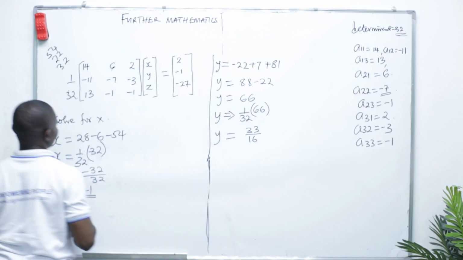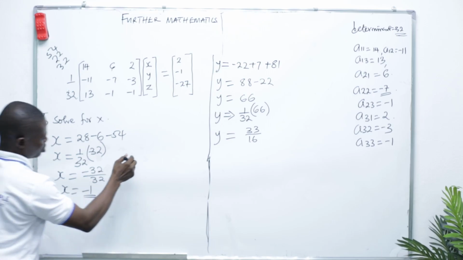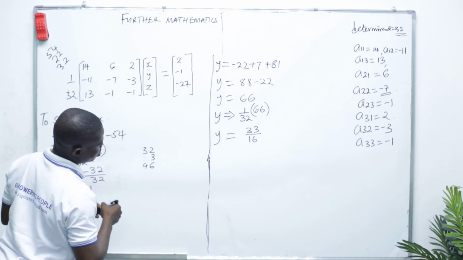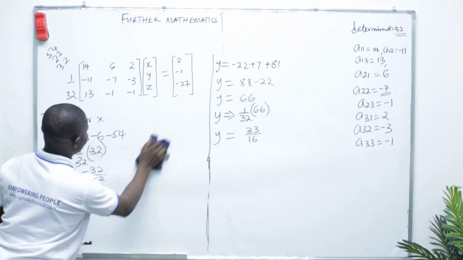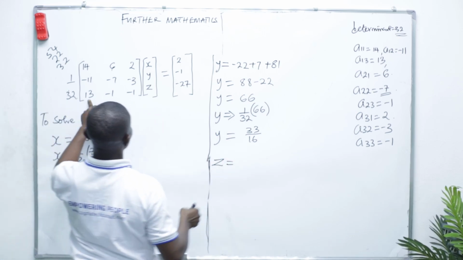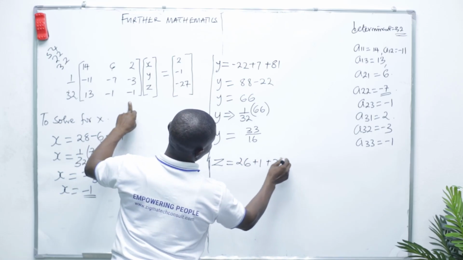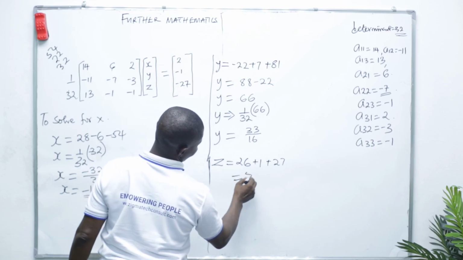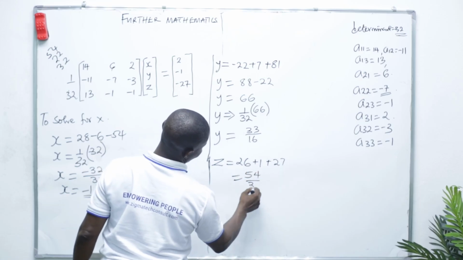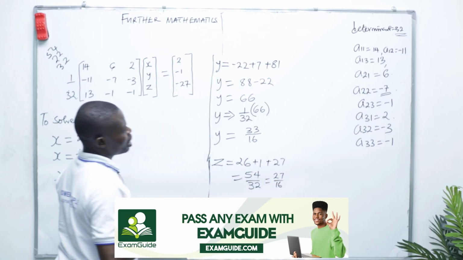But let's check for z. 32, 96, z, 54, 27, 27, 54, 32, 27, 16.